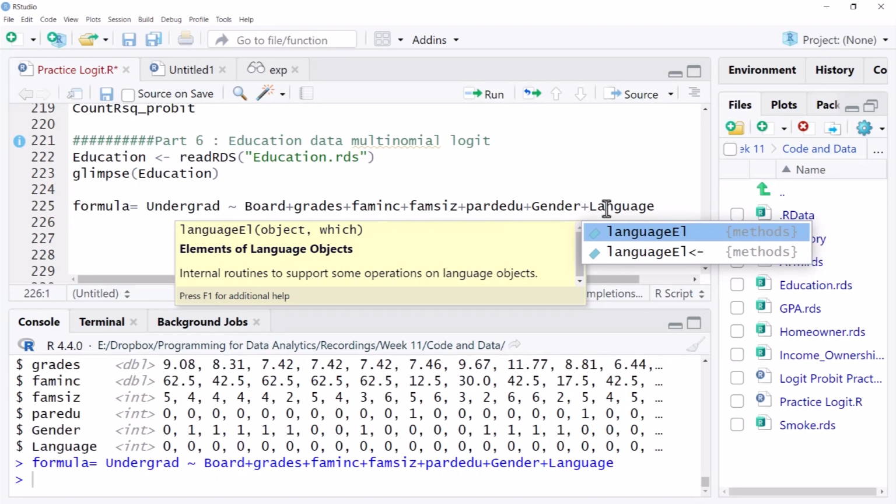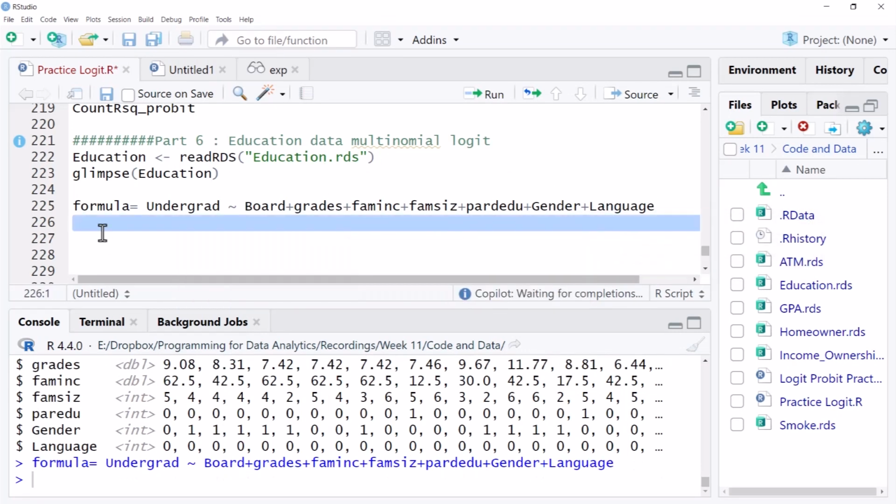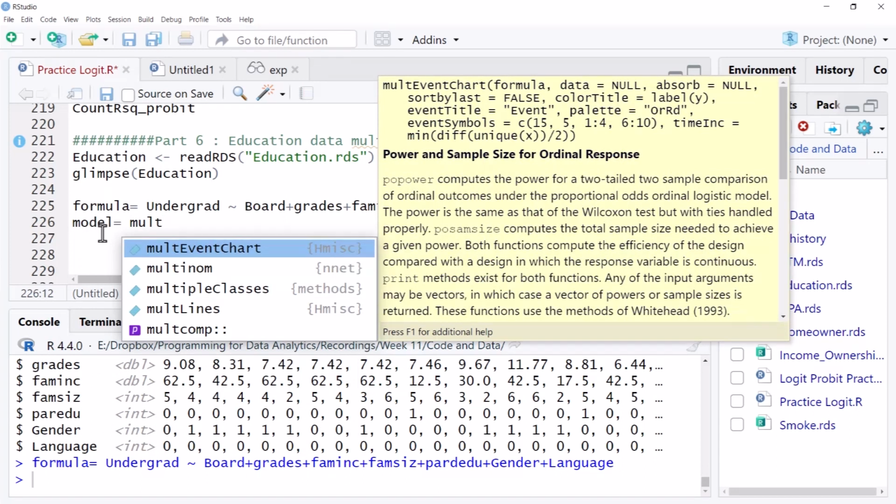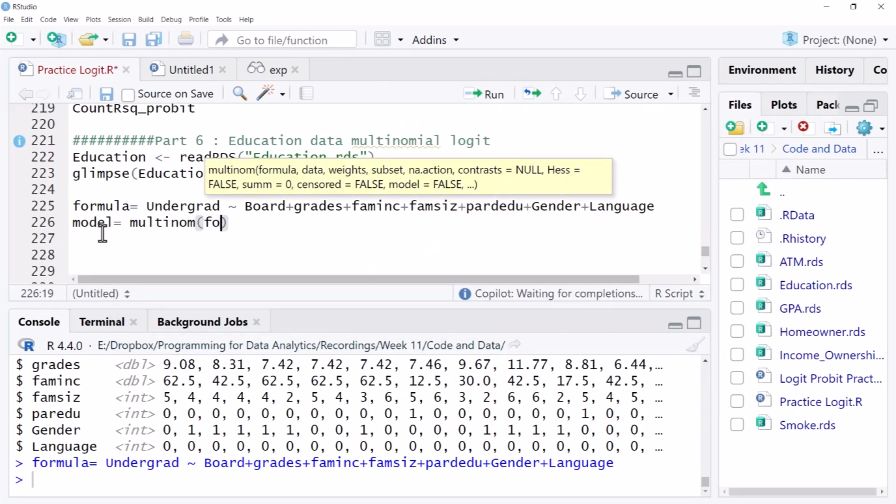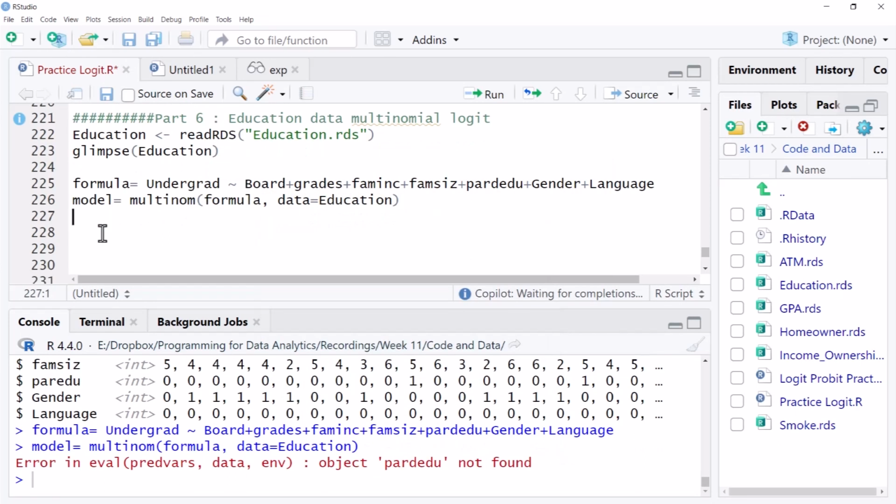So these are our variables. Now we'll put the model. It's a multinomial model, so we'll use multinom. We'll put the formula and then we'll put the data, education.